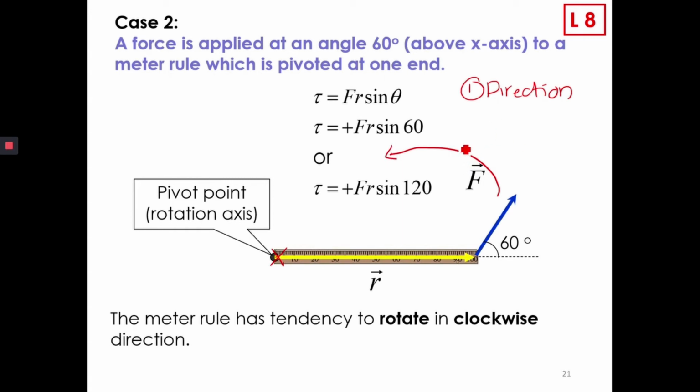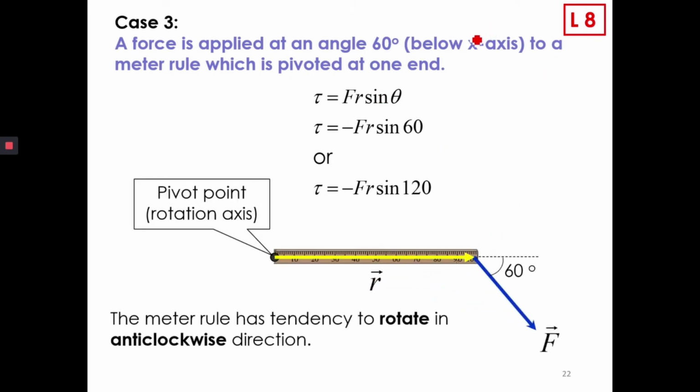For anti-clockwise, this is a positive torque. So for direction, you have to determine whether it is a positive or a negative torque. Clockwise negative, anti-clockwise positive. Then substitute the angle between F and r. You can use either 60 degrees, so this is your r, 60 degrees, or you can use 120 degrees. Both will give you the same answer.